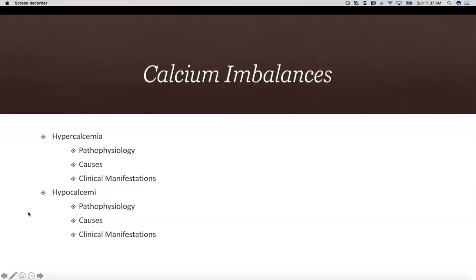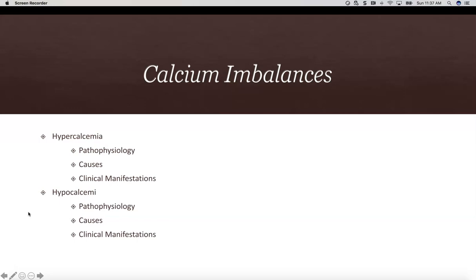Signs and symptoms: the nervous system gets really excited, so they can have increased excitability of the nerves. The thing that you look for is tetany. So we have Trousseau sign, where you inflate the blood pressure cuff in the upper arm to 20 millimeters above systolic pressure, and you'll see carpal spasms in the hands within 2 to 5 minutes.